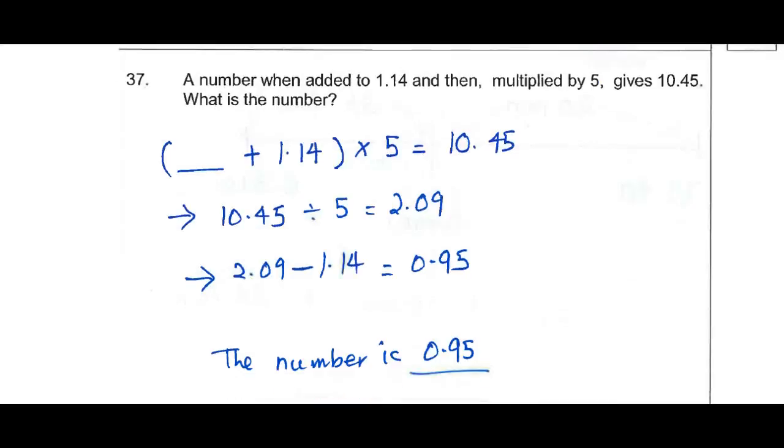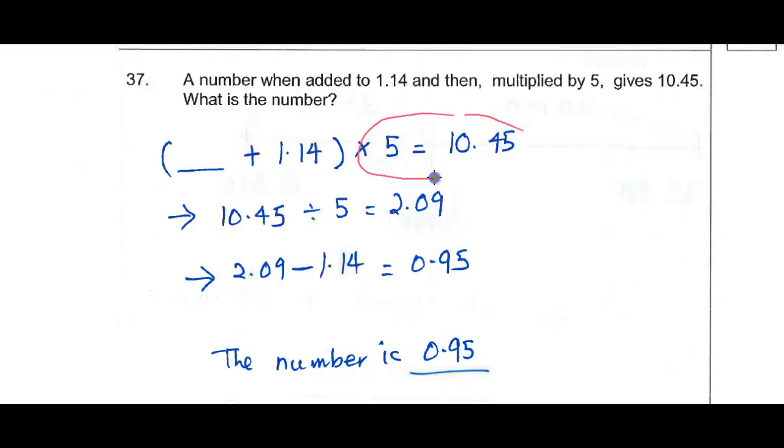Next, a number is added, look here, you must have this thinking. A number is added to 1.14. Then when you multiply this whole answer by 5, you should get 10.45. Okay, so all I have to do is concentrate on one part first. I concentrate on this part.